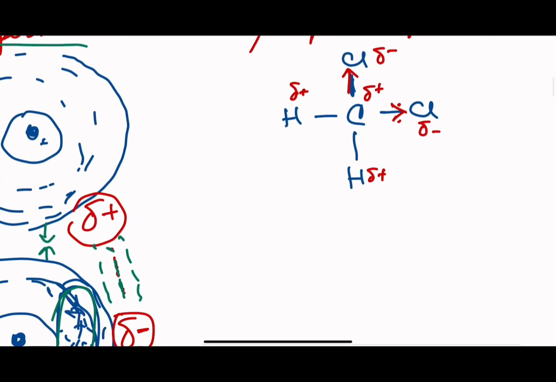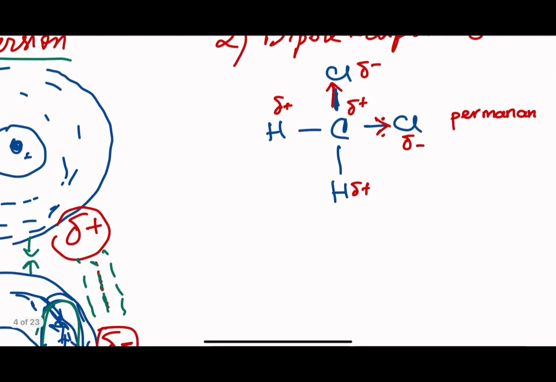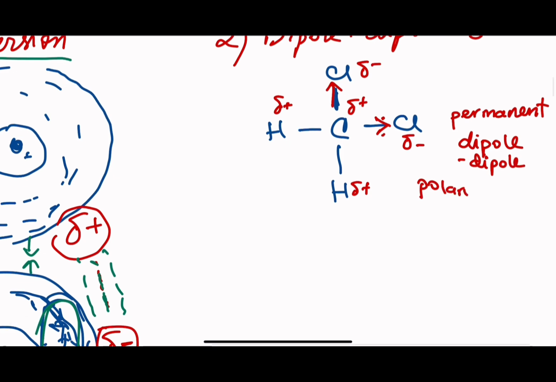So we have right now a permanent dipole. Dipole is like polarization, right? We have North Pole and South Pole, right?